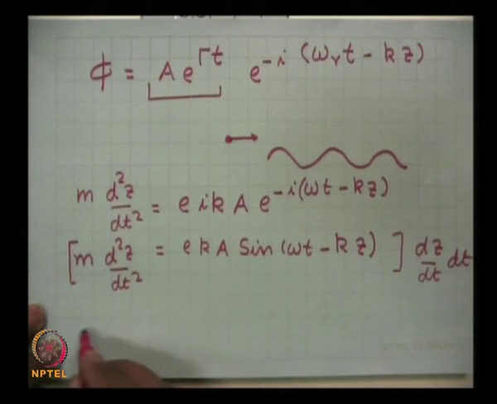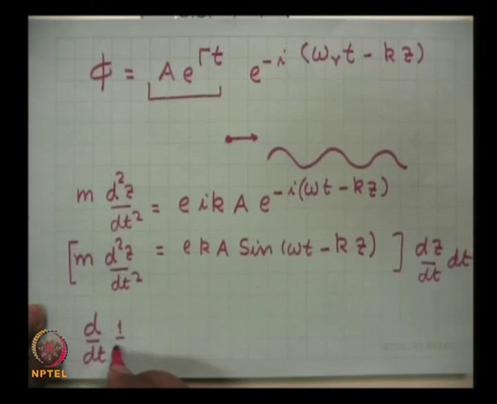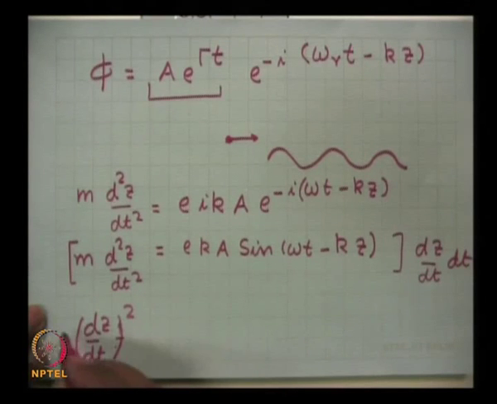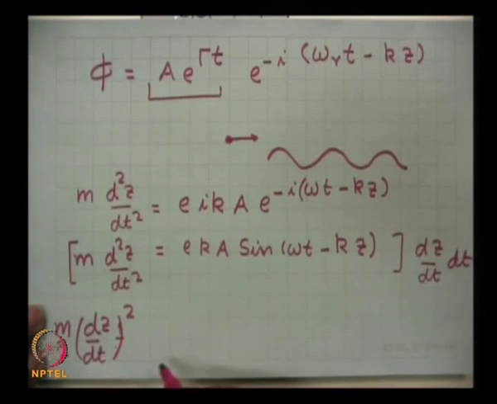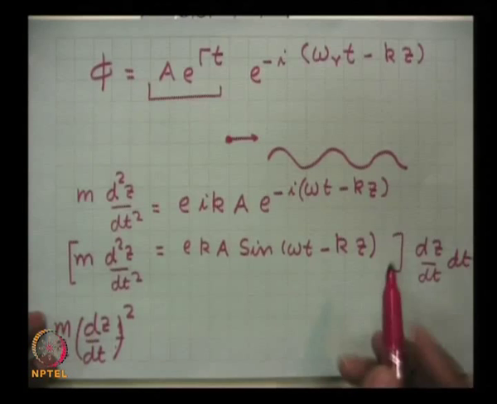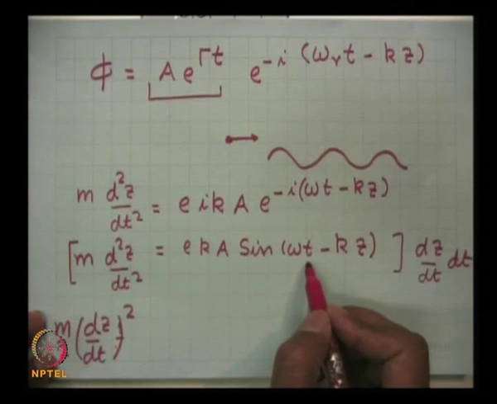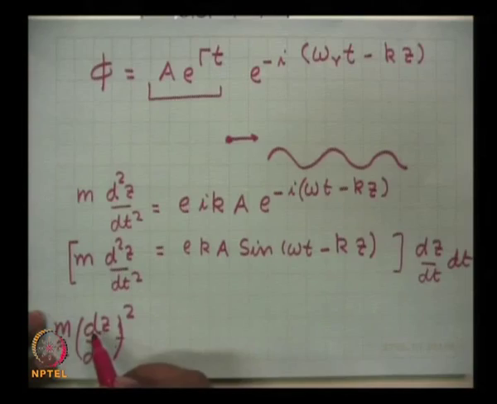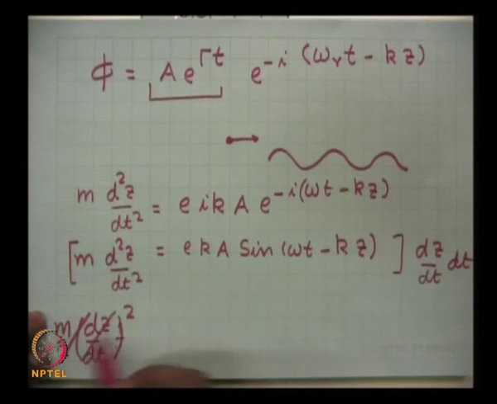This first term gives you d dt of dz by dt whole square into m by 2. I think I made an error. This integration is tough because t is involved in there. So first of all, I must get rid of this. So I think I must do something else before I multiply this.